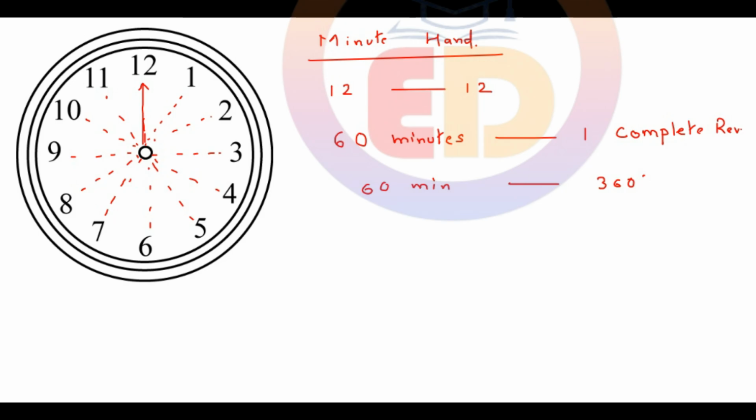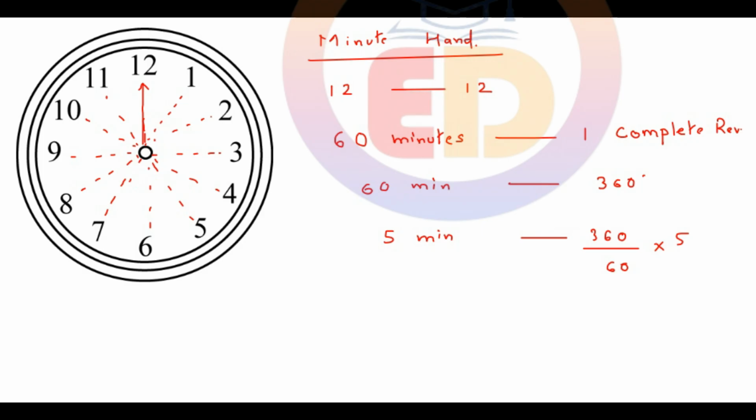So if it covers 60 minutes and it covers 360 degree angle, then we can calculate in 5 minutes. Now why we are doing 5 minutes? Because when a minute hand comes from 12 to 1, basically it is covering 5 minutes. That is why we are taking the value of 5 minutes. So in 5 minutes it will cover 360 upon 60 multiplied by 5.